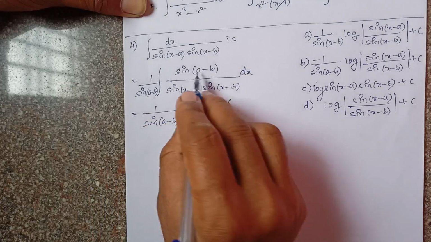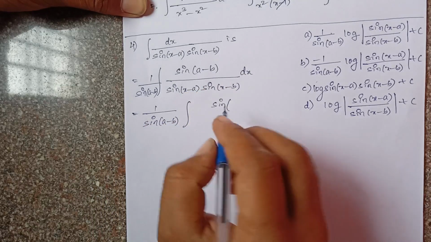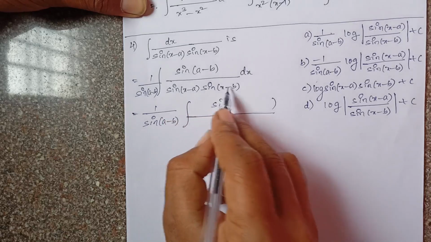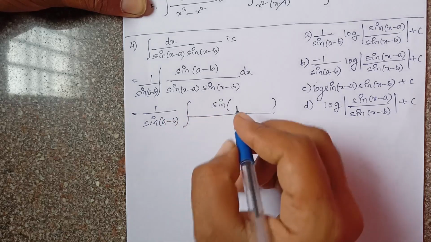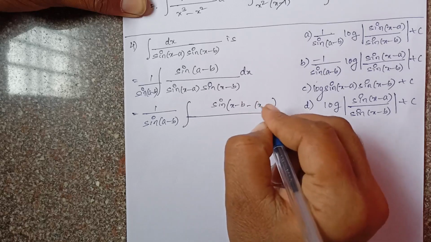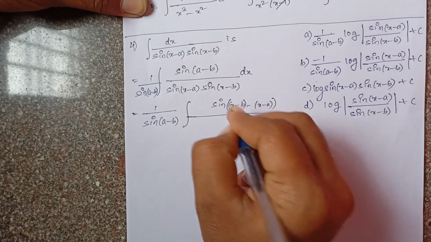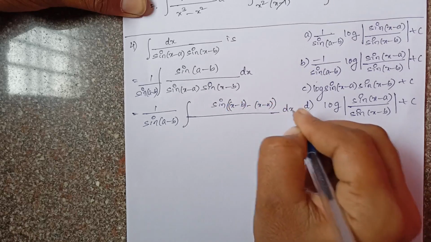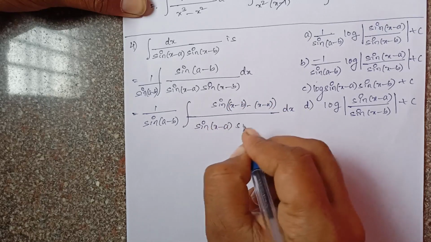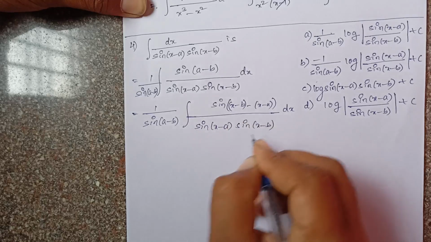Numerator sin(a - b) is there, no? I will split it such that there are x - a and x - b terms. Let me write it as (x - b) minus of (x - a). Denominator as it is, sin(x - a) into sin(x - b).